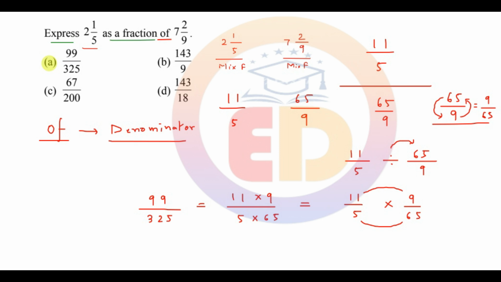So directly I could have done this as 2 whole 1 upon 5 upon 7 whole 2 upon 9, and we can proceed with the remaining operation, converting these mixed fractions to improper fractions, and then continuing with the division process. Here our answer is 99 upon 325.